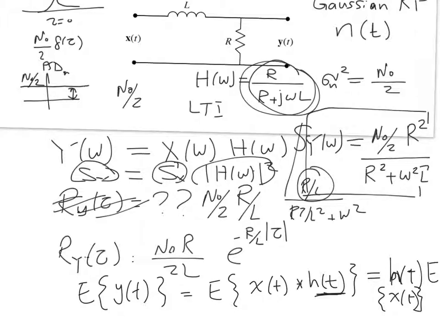Okay, my argument is not totally correct because the output is not white Gaussian. It still spans all frequencies, but it is decaying with higher frequencies. It's R over R plus omega. So with omega increasing, your output random process is decaying. So you cannot assume that it is white.